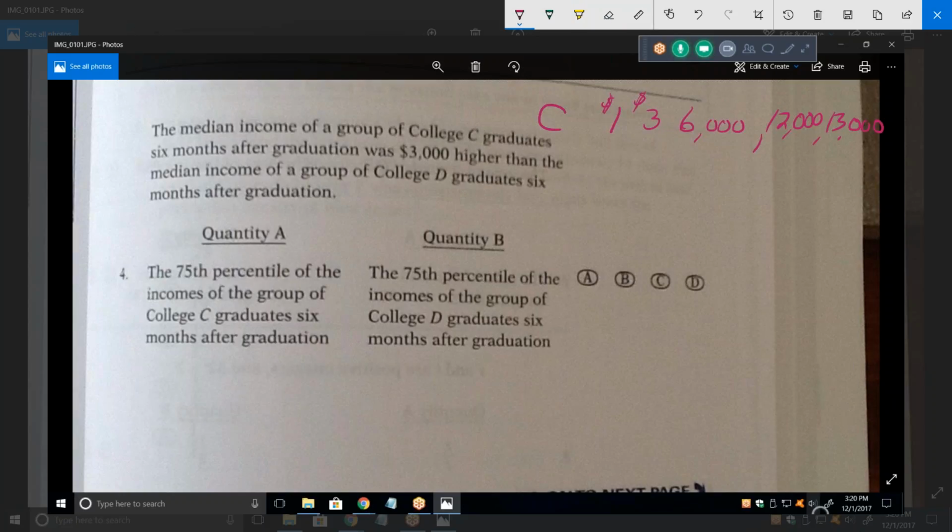Yes. And we'll lay out a group D. And the only thing we have to know is that that median income is only 3,000. And we'll still lay out those. Only up here, let's make it 100,000 and 120,000. Do we satisfy the conditions of the problem? Yes. Can we tell which one has the highest 75th percentile?